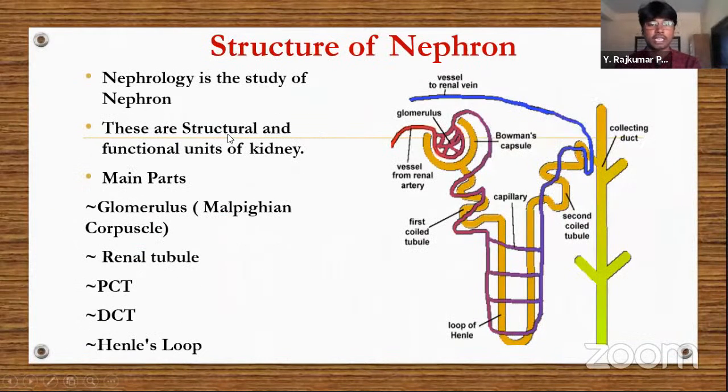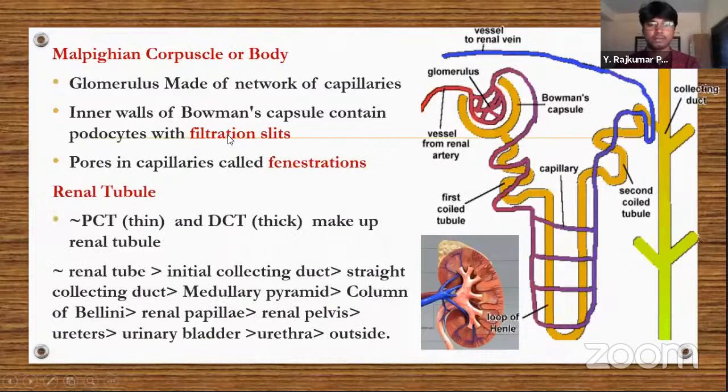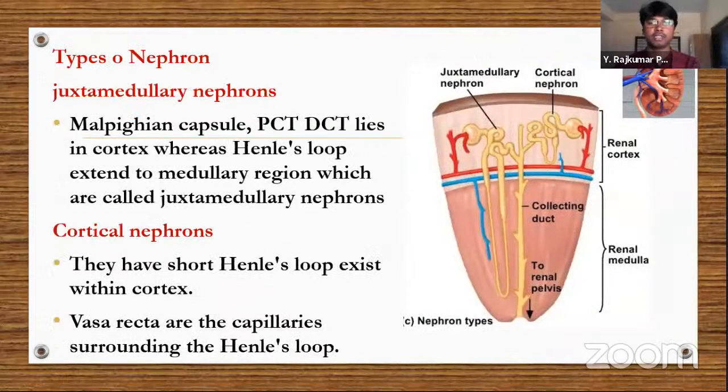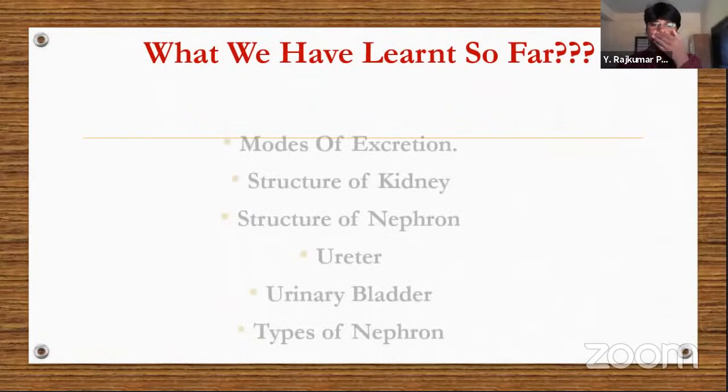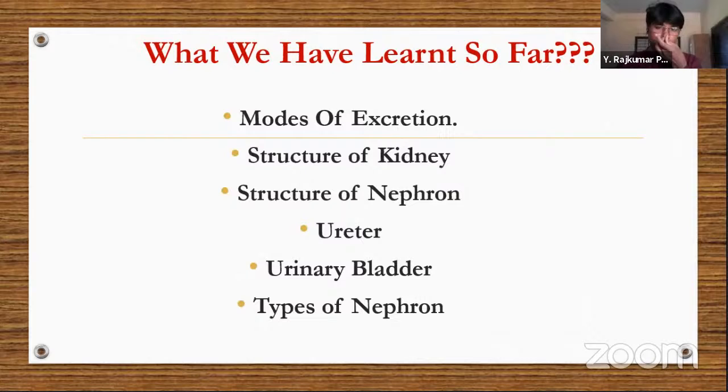The modes of excretion also we have learned, which are of three types: ammonotelic animals, ureotelic animals, and uricotelic animals, according to the product that they eliminate. If they are excreting nitrogen in the form of ammonia, they are called ammonotelic animals. If they are excreting urea, they are called ureotelic animals. If they are excreting nitrogen in the form of uric acid, they are called uricotelic animals.